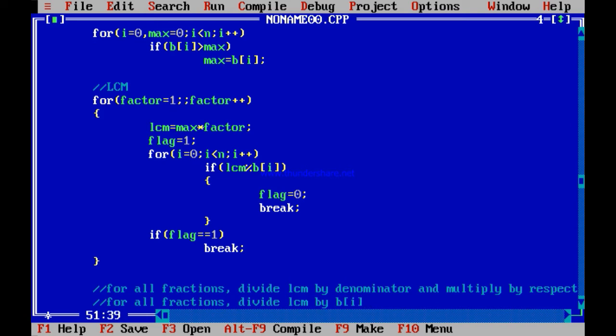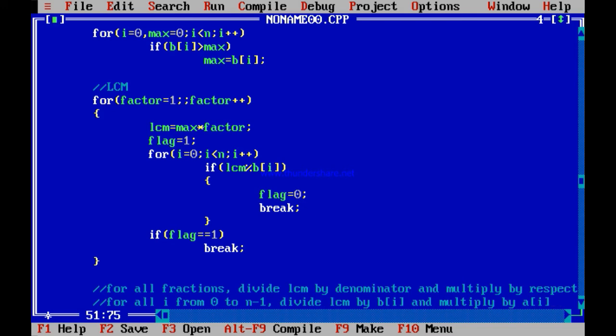For all I from 0 to n minus 1, divide LCM by BI, that is the denominator, and multiply by AI, the corresponding AI. Then only you get it.